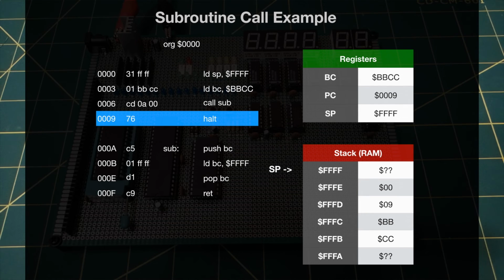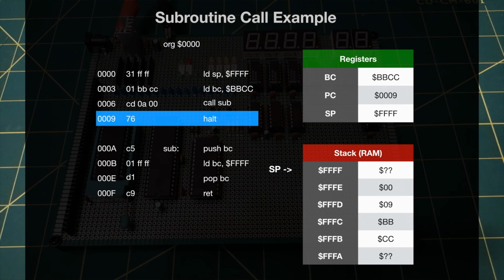Now we've actually executed a halt instruction, and an interesting point about the halt instruction, I did a little bit of reading on it because I wasn't quite sure. The halt instruction is actually one of these instructions that doesn't increase the program counter. The halt instruction effectively just gets executed repeatedly over and over, which means nothing really happens, which is why they've called it a halt.